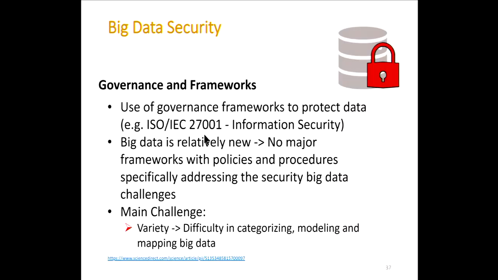ISO 27001 is a well-known security best-practice standard that organizations follow for information security within the organization. Unfortunately, there are no specific big data governance frameworks tackling issues with big data and privacy, but hopefully within the years, once there is recognition that it's not as straightforward as enterprise data or small data sets to manage, the frameworks will be developed for other organizations.